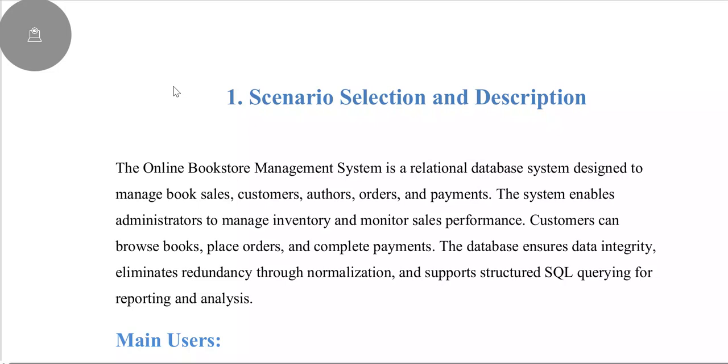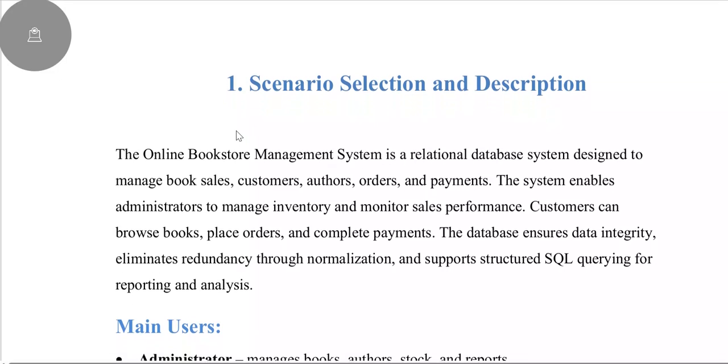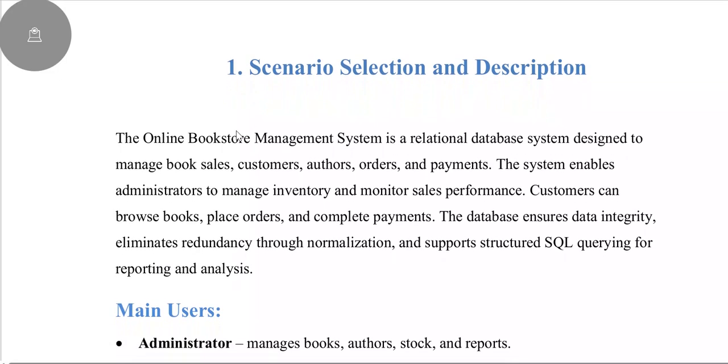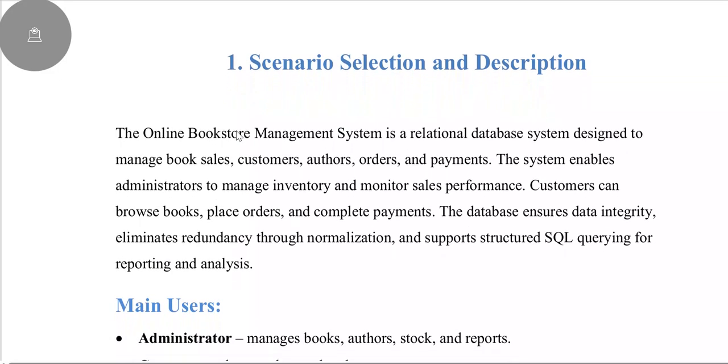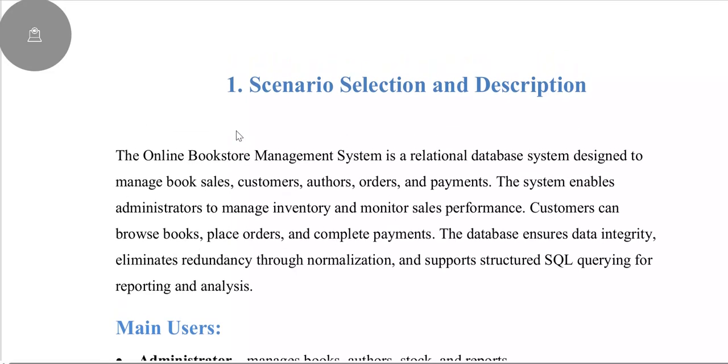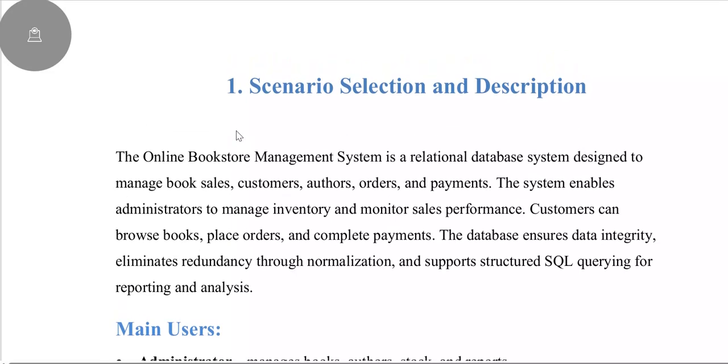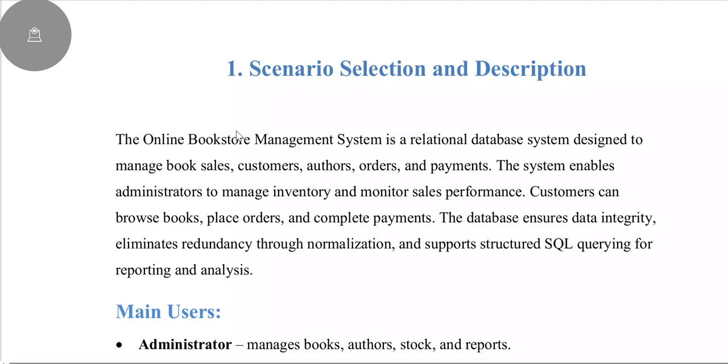So as we were asked to choose the scenario we wish to use, the scenario I chose is called online book store management system. This online book store management system is a relational database system designed to manage book sales online: books, customers, authors, orders, and payments.